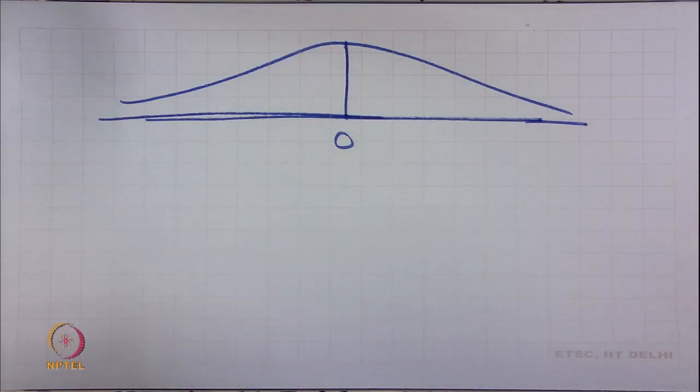So, if we take a T distribution with certain variance and consider the corresponding normal distribution with mean 0 and having the same variance, then we will find that T is more peaked than the normal distribution.